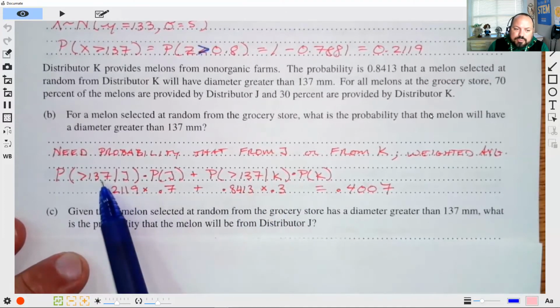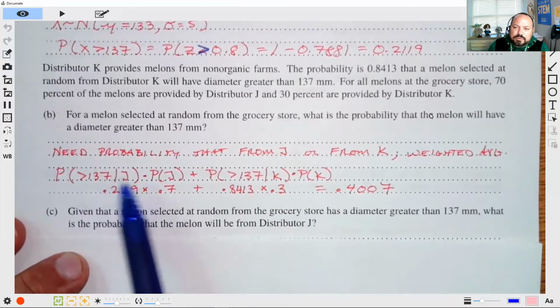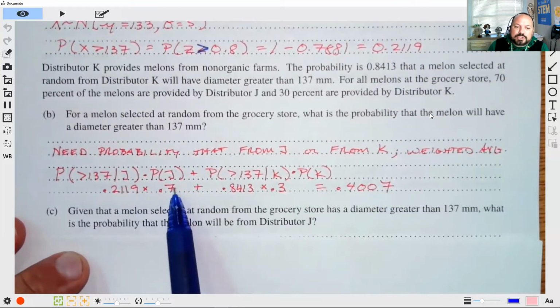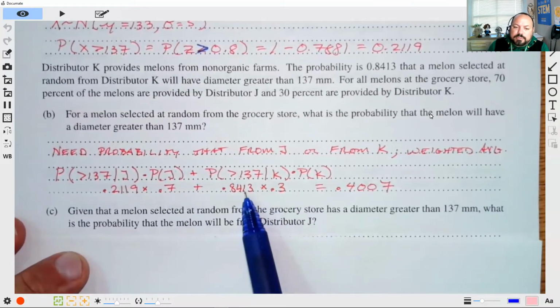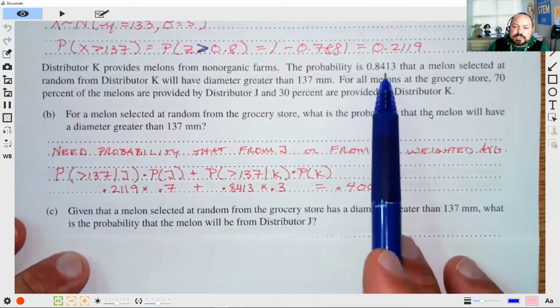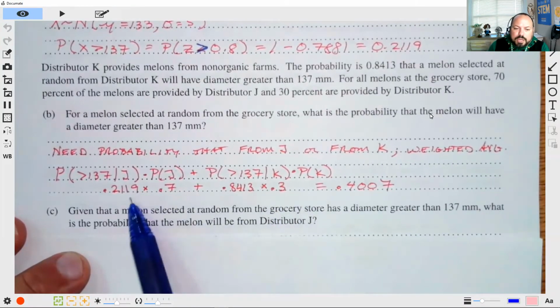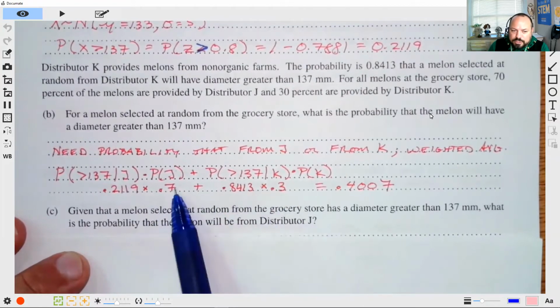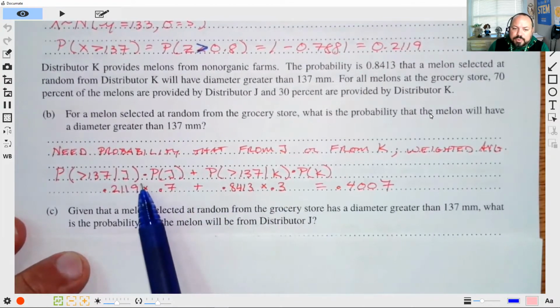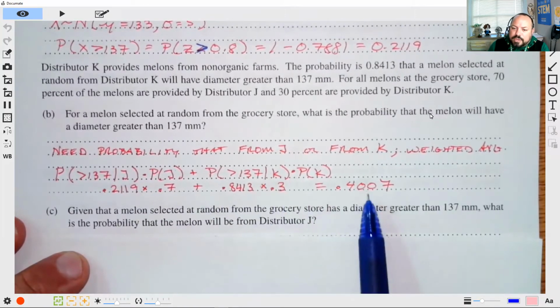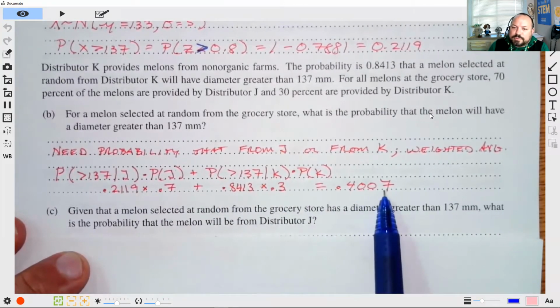This conditional probability we found in part A, 0.2119, and we know 70% are coming from J. This conditional probability was provided to us, and we know 30% come from distributor K. So multiply these probabilities for J and for K, add them together, and I get 0.4007.